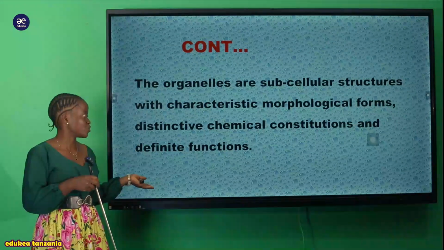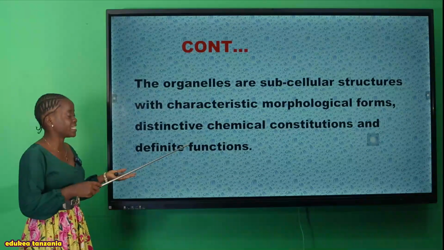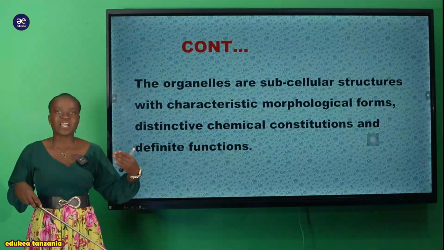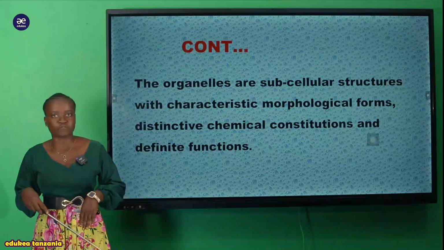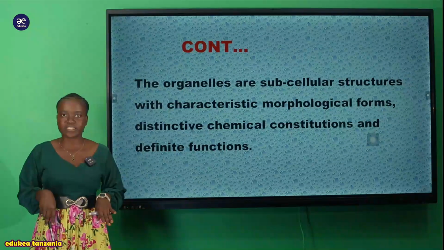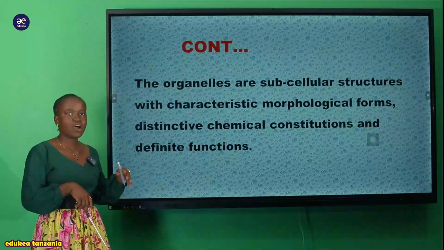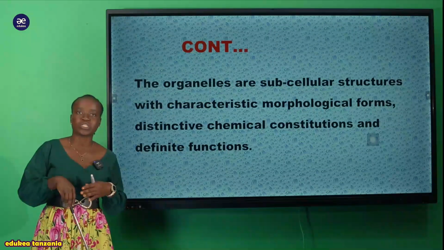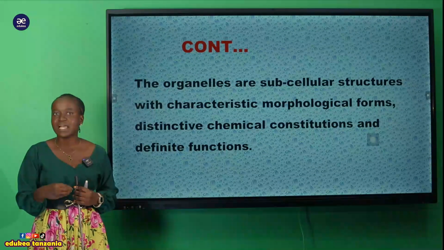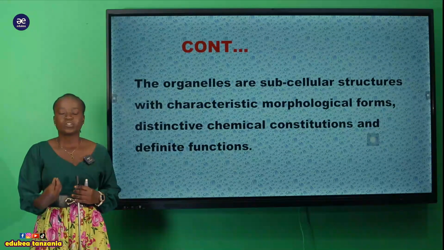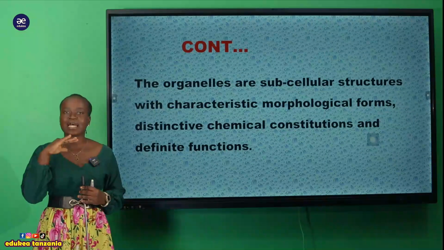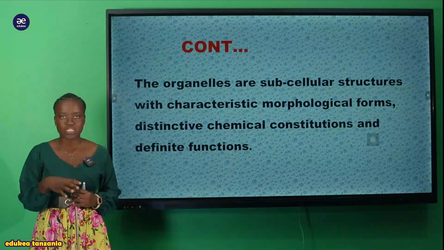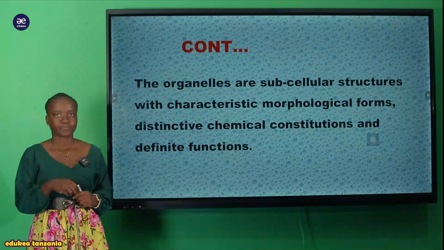That is something you have to notice. And the definite function of the nucleus and the function of mitochondria are quite different. So we deal with one organelle after another, to know the function of one organelle against the function of another.